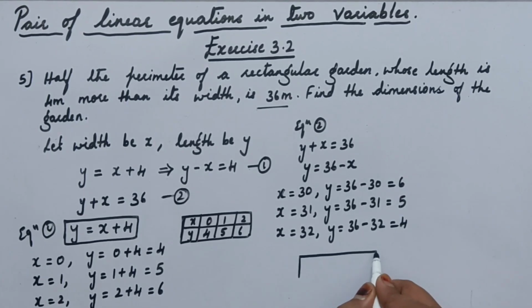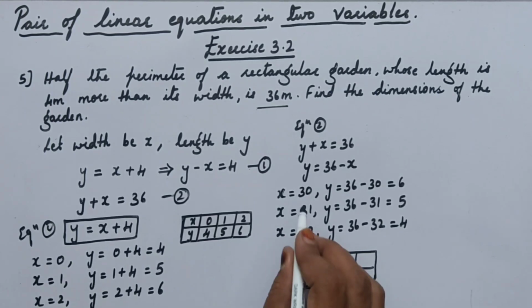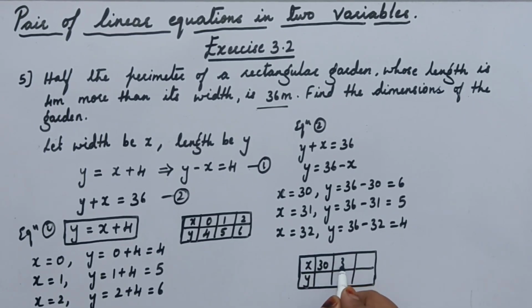Okay, so this is the solution table. Okay students, this is x y. अभी x के वैल्यूज यहाँ पे डालेंगे 30 31 32 and my answer is 6 5 4.